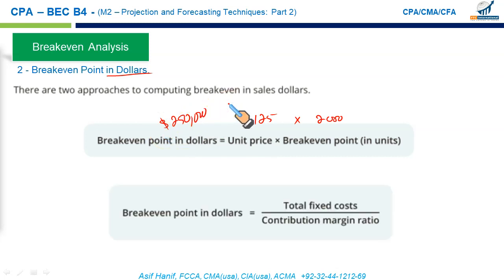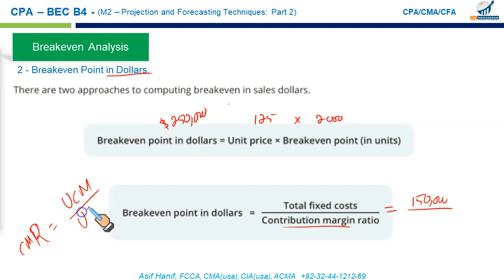This is the first approach to find the break-even sales dollars. The second one is to take your total fixed cost and divide it by the contribution margin ratio. We know the total fixed cost is 150,000 and the contribution margin ratio, we discussed that previously, is equal to unit contribution margin upon unit selling price, or you may take your total contribution margin upon the total revenue, whichever you have.